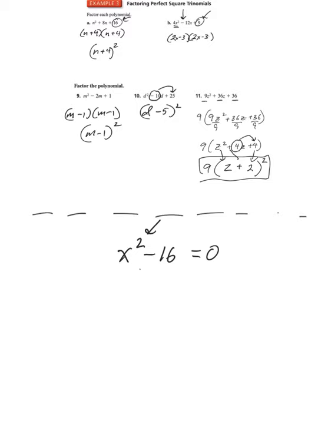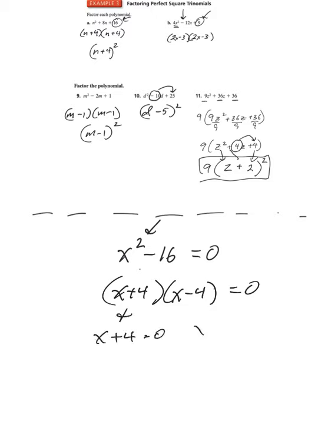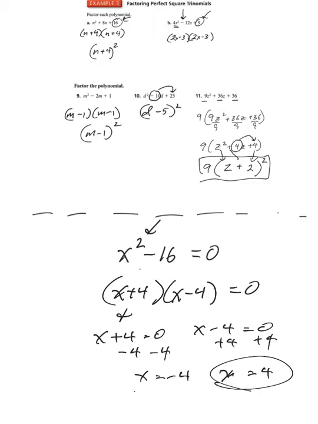In this case, we're going to get x plus 4 times x minus 4 equals 0. And this is when we can say that either x plus 4 equals 0 or x minus 4 equals 0. Add minus 4 on here, you get x equals negative 4. Add 4 over here, and you get x equals positive 4. So you get positive and negative 4 as the answers.